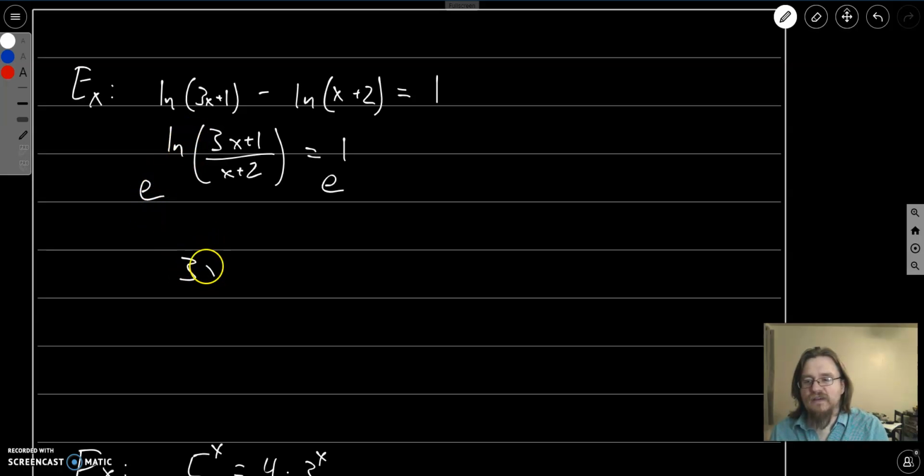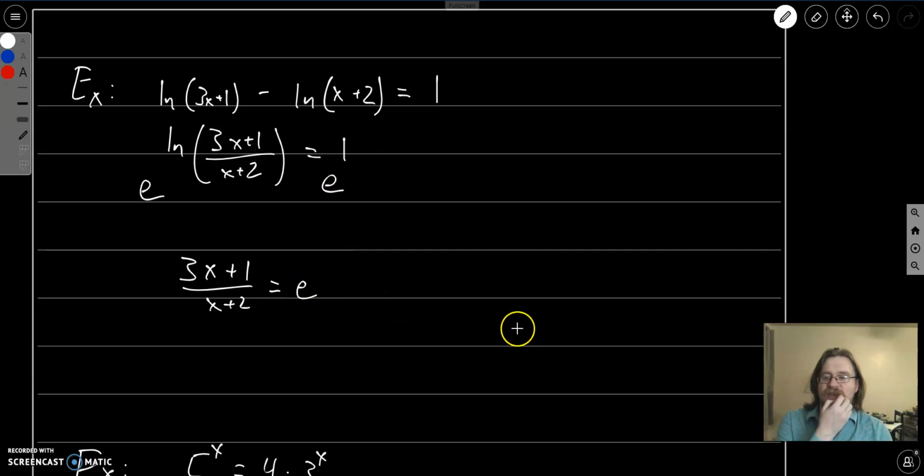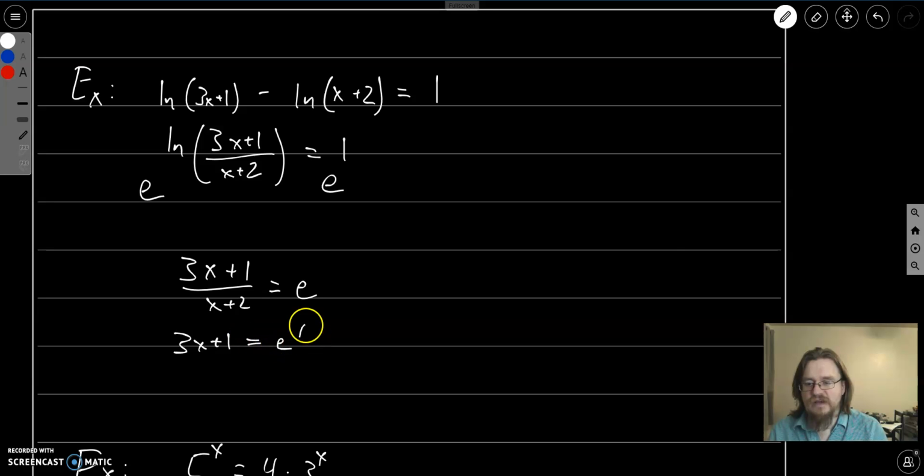So we've got 3x plus 1 divided by x plus 2 is equal to e to the first power, which just happens to be e. And then this is something that we can solve. Maybe I'll go through the steps fairly quickly. Let's multiply both sides by x plus 2. It's going to be equal to e times x plus 2.